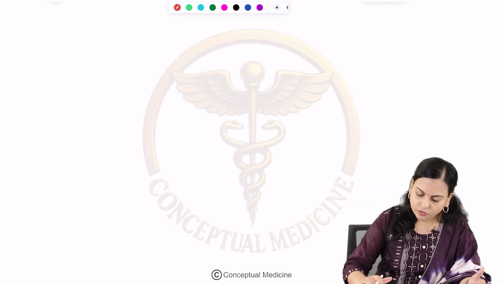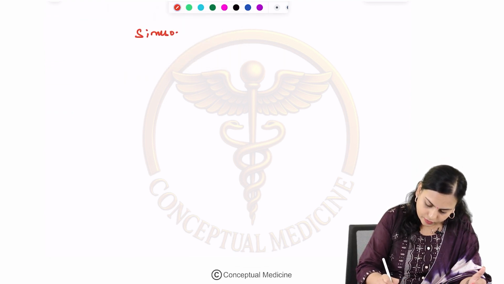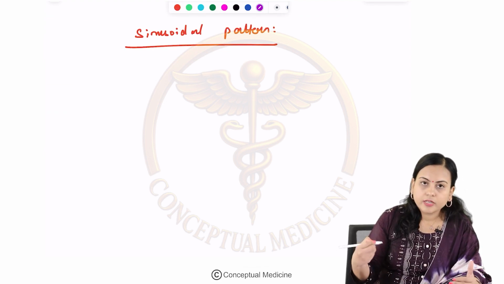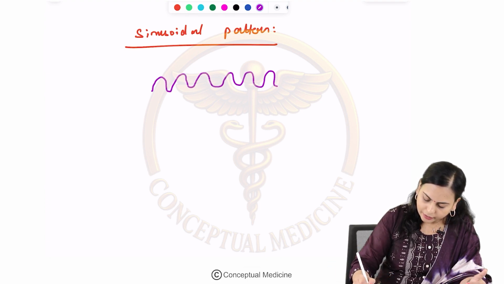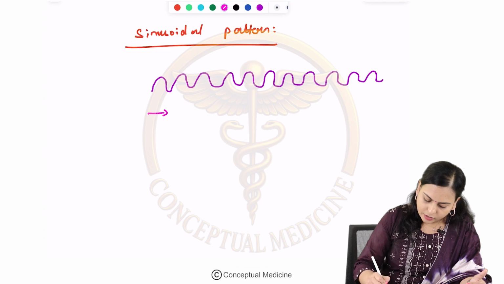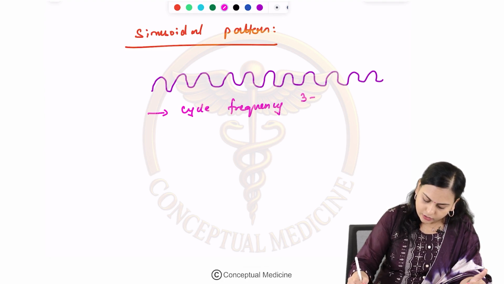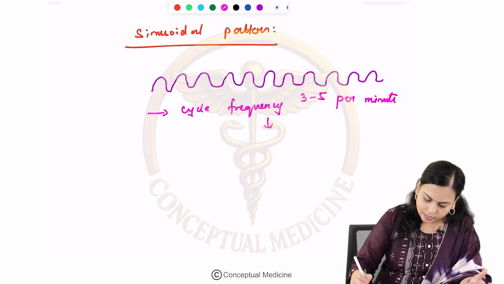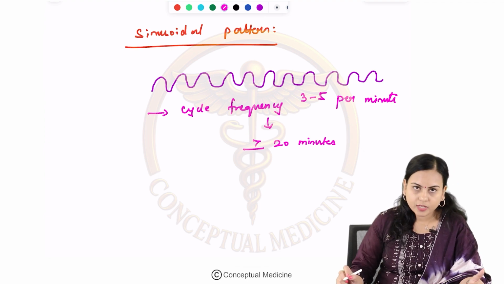And also we have one more pattern, that is a sinusoidal pattern. Here you will be able to see a smooth sine wave-like undulating pattern like this. This will be seen with a cycle frequency of 3 to 5 per minute, and it may persist for 20 minutes or above. Clear?